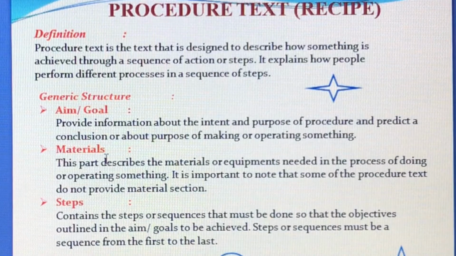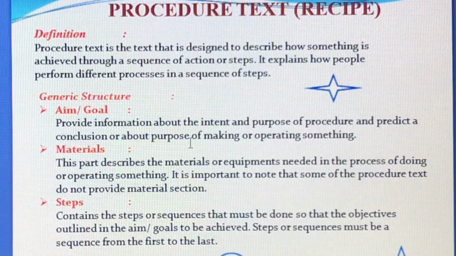And the second is materials. This part describes the materials or equipment needed in the process of doing or operating something. It is important to note that some of the procedure texts do not provide a material section.